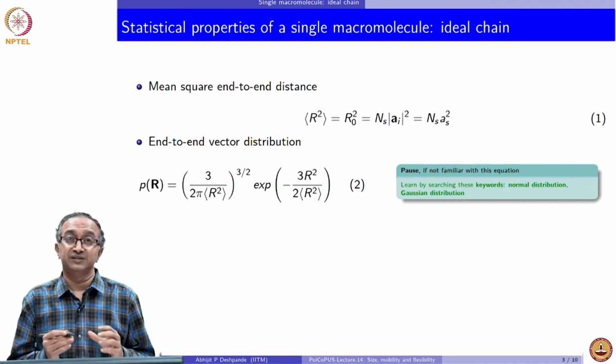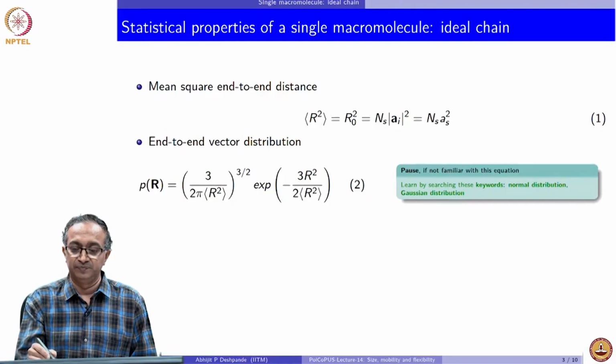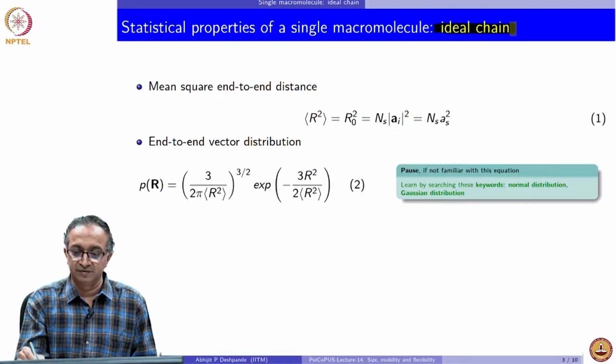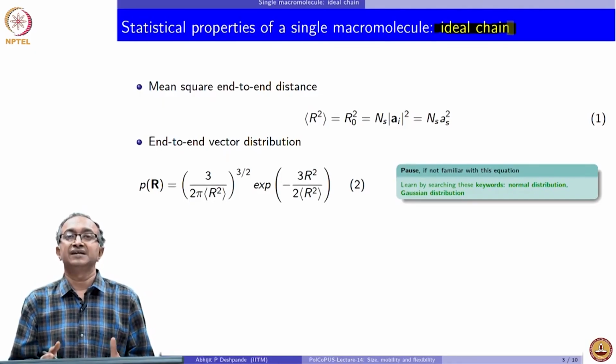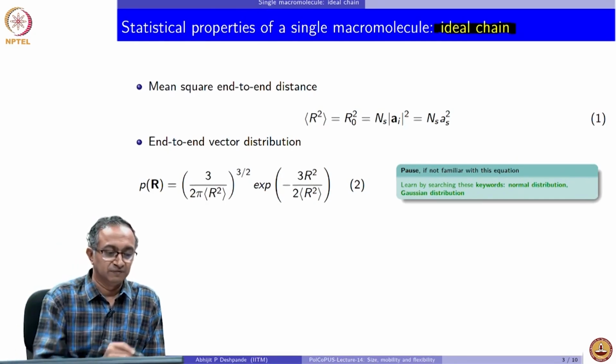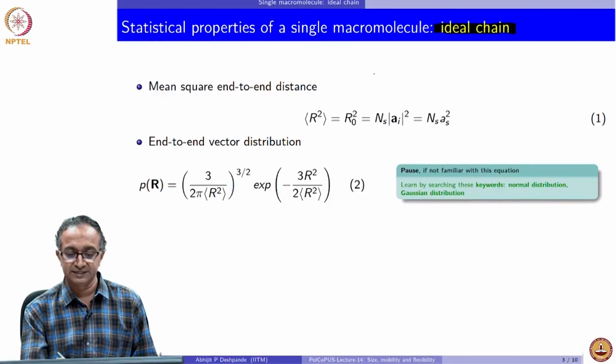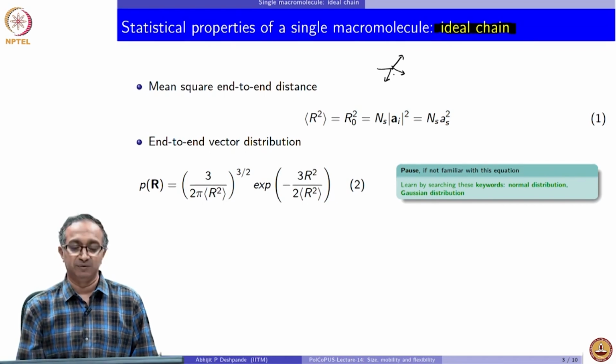So to define this quantitatively, we define an ideal chain where each and every link and bond that we talked about in the last lecture is free to rotate any which way. So the way I had drawn also last time, if you remember, for polyethylene, I had said that this could be the one, or so these three are the possibilities.